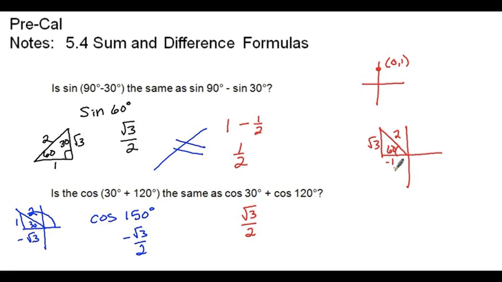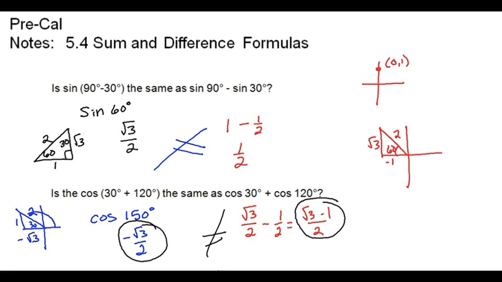Cosine of that would be a negative 1/2. If I simplify those two things together, get the common denominator of 2, that would be square root of 3 minus 1. And again, we look to see, is this the same as this? And of course the answer is no again. So we cannot look at those as just distributing the cosine and the sine to those.